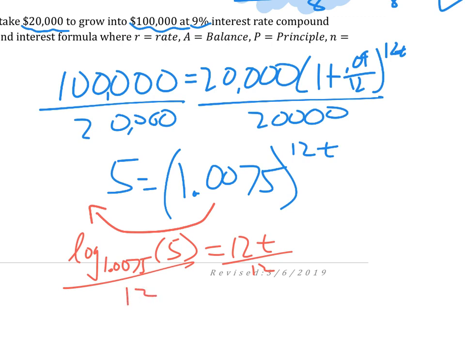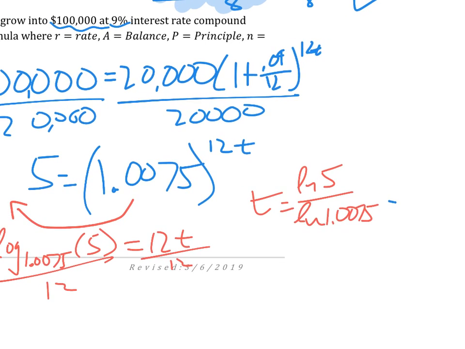Now we need to divide by 12. To do this, let's use natural log: the natural log of 5 divided by the natural log of 1.0075. There's our change of base formula. I'll just multiply by 1/12, which is the same as having 12 on the bottom.